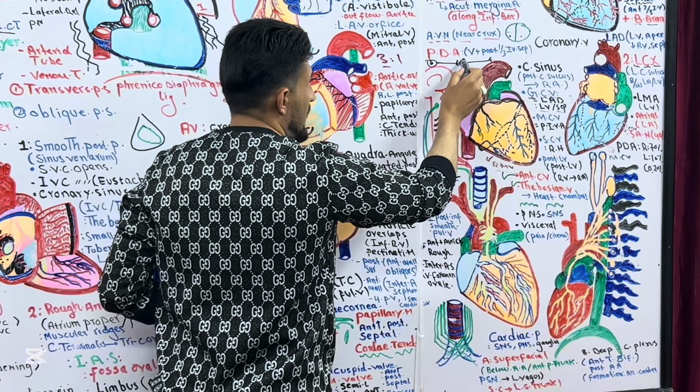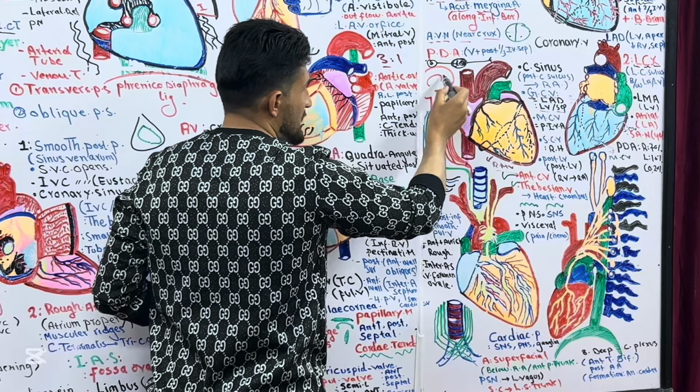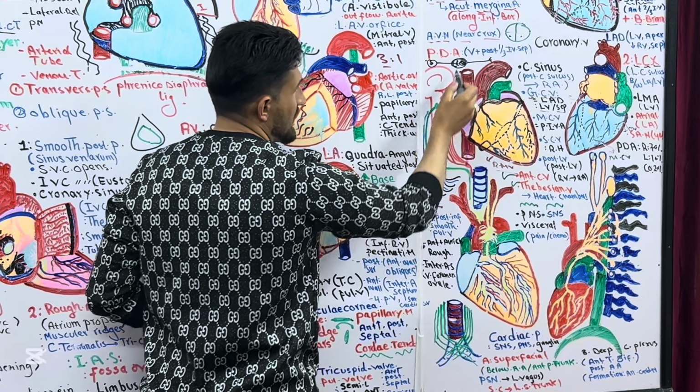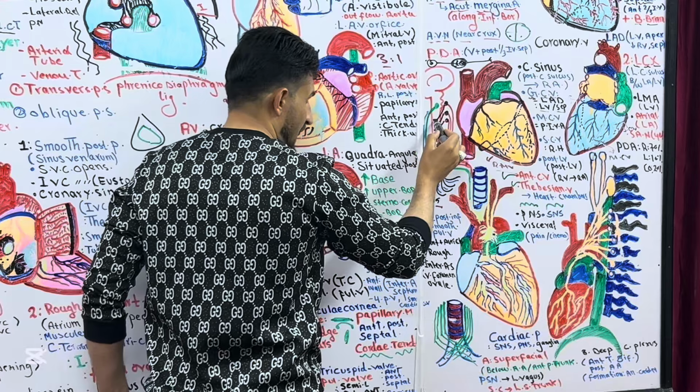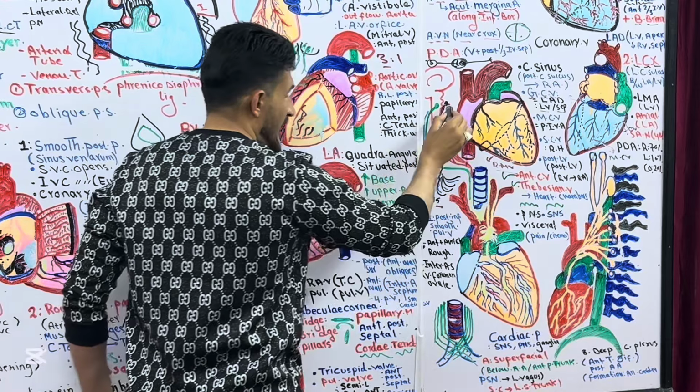So a collection of somas outside of the brain and spinal cord is called a ganglion. Now this fiber is called a preganglionic fiber, and this is the ganglion.